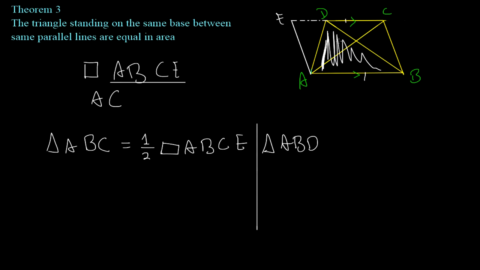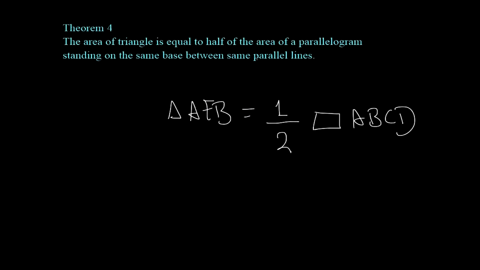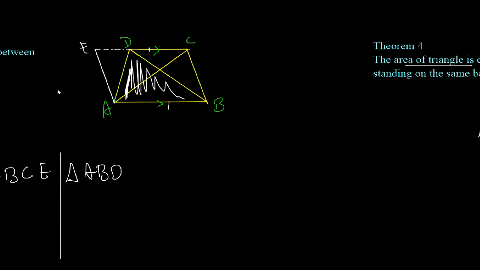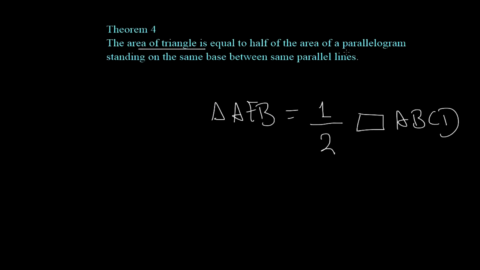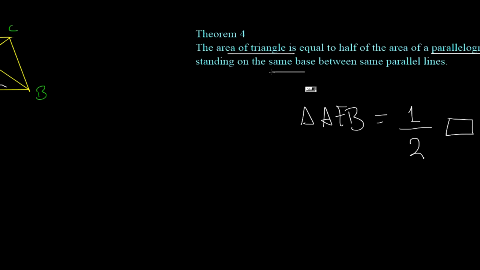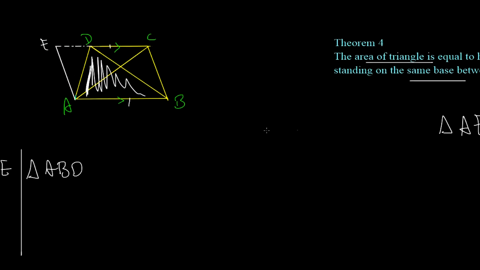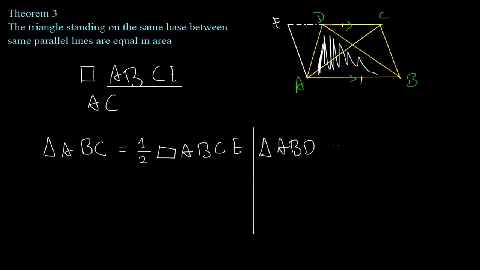Theorem 4 says that the area of a triangle is equal to half of the area of a parallelogram. So the area of triangle ABD is half of the area of parallelogram ABCE, standing on the same base AB between the same parallel lines AB and EC.